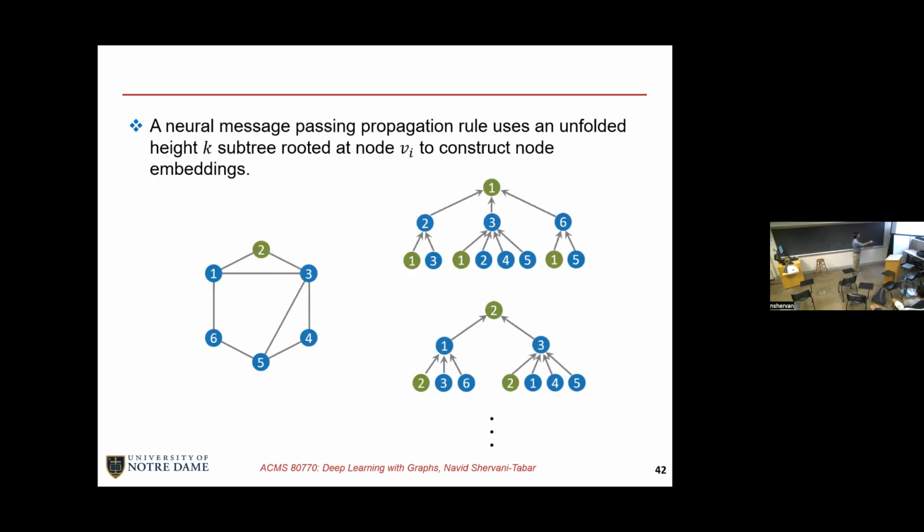So I can write this for all height 2 subtree patterns rooted at the different nodes. And then I'm sharing the same weights W_k and W_{k-1} for all these nodes, right?